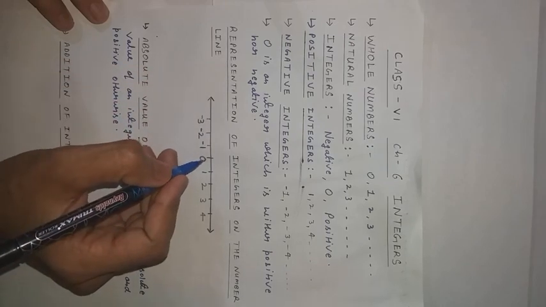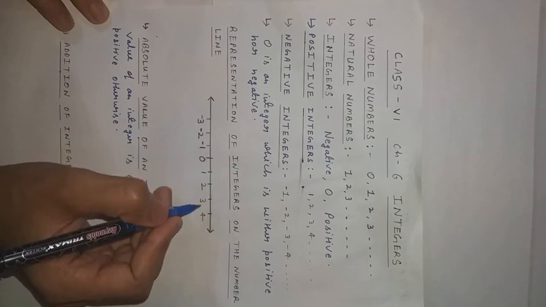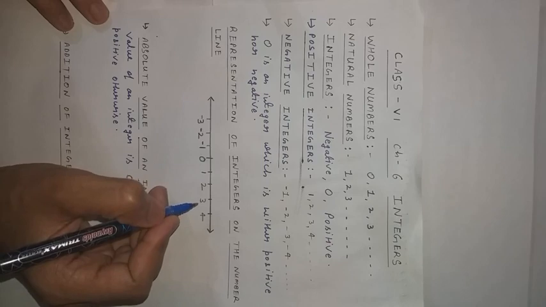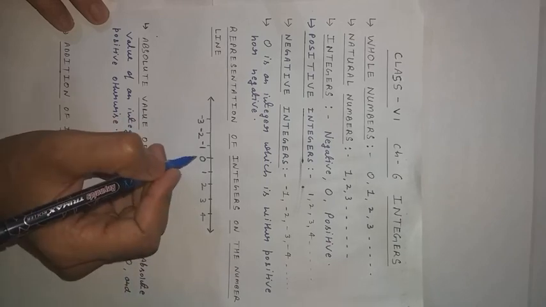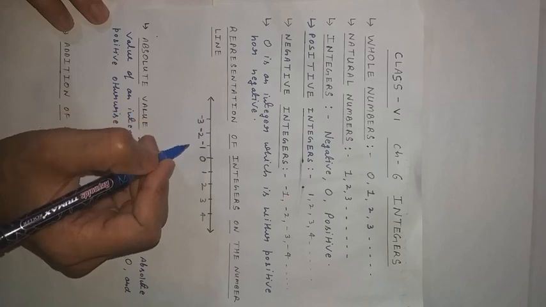Clear, students? Now here you can see the representation of integers on a number line. How will you represent an integer on a number line? Here you can see this is 0. On the right-hand side of 0 all are positive integers, and on the left-hand side all are negative integers. Clear, students?